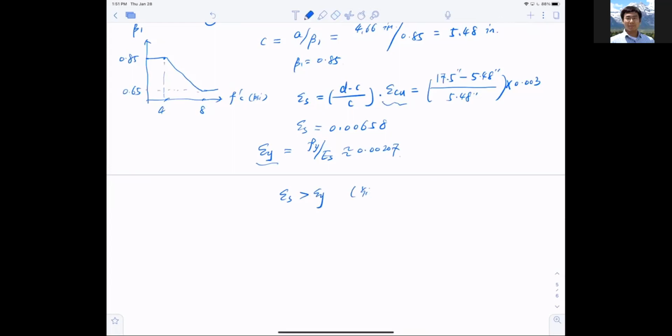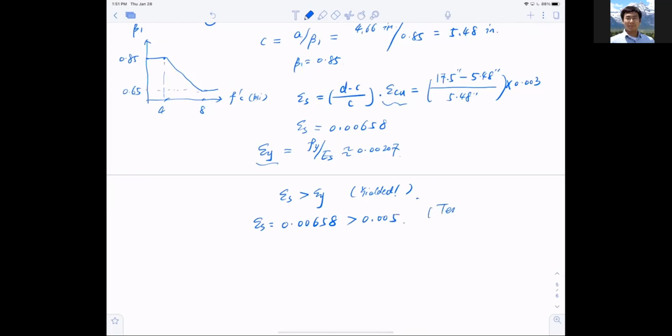Yielded, right? Excellent. But even better, epsilon s equal to 0.00658 is actually bigger than 0.005.